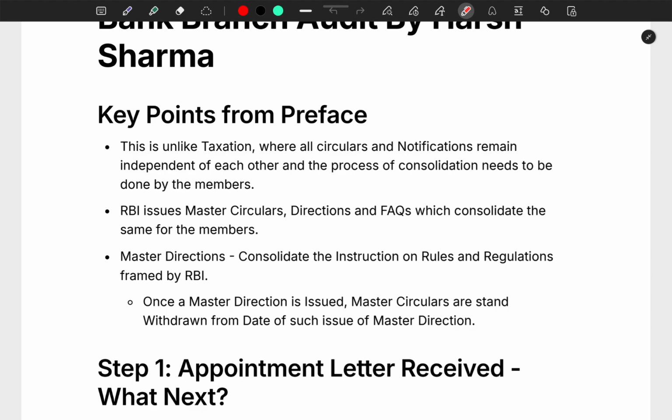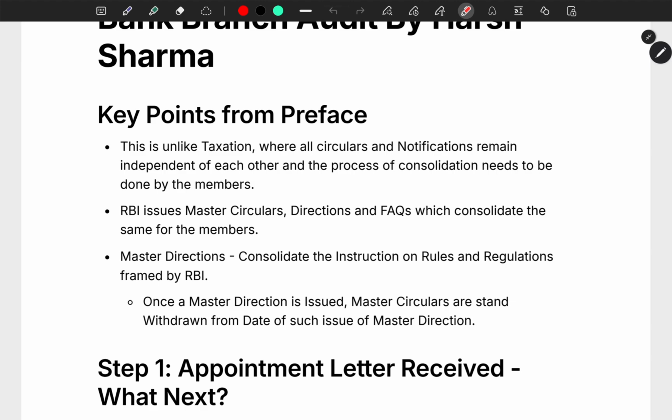But what the RBI usually does is issue master circulars and master directions which combine and consolidate all of the previous notifications and therefore discharge all of these previous circulars and notifications. So whenever a master direction is issued, it means it has consolidated some rules and regulations, and the master circulars which were issued before, which are also given in the annexure of the master direction, are withdrawn from the date of issue of such master direction.